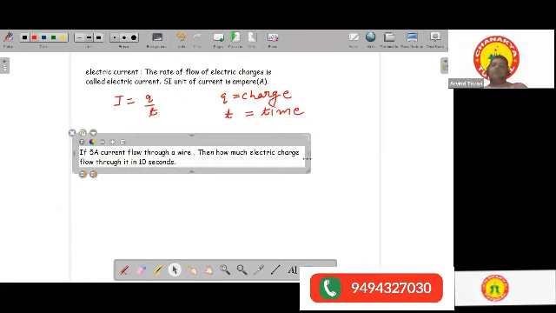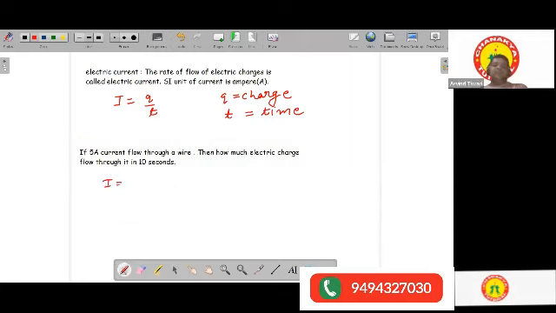So we will use the formula I equals Q by T. But we want to find out Q. So Q will be equal to I multiplied by T. If you take T to the other side, it becomes multiplication. Hence Q equals I into T. By putting the values, I is 5 and T is 10, so the amount of charge is 50 coulomb.